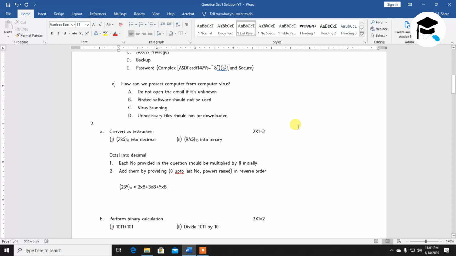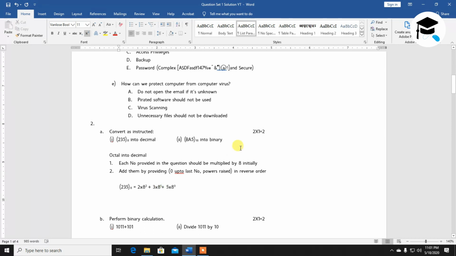Here the power will be 0, and in 3 also, here the power will increase by 1 and here by 2. These 0, 1 and 2 are the powers. I hope all of you have understood this.